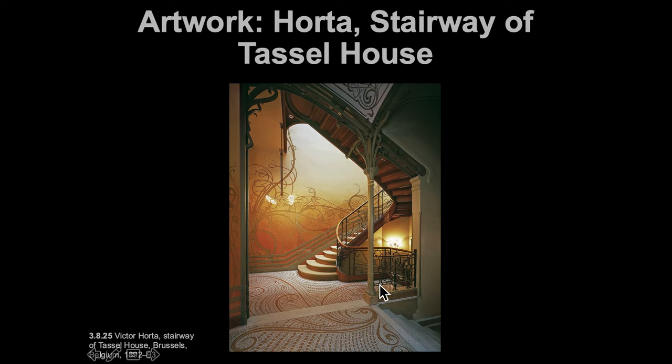You're able to use things in a different way than you were before. So he can make this organic, strange tree-like structure imitating nature to hold up the staircase in the building, and look at this wrapping around, and these great curves everywhere.